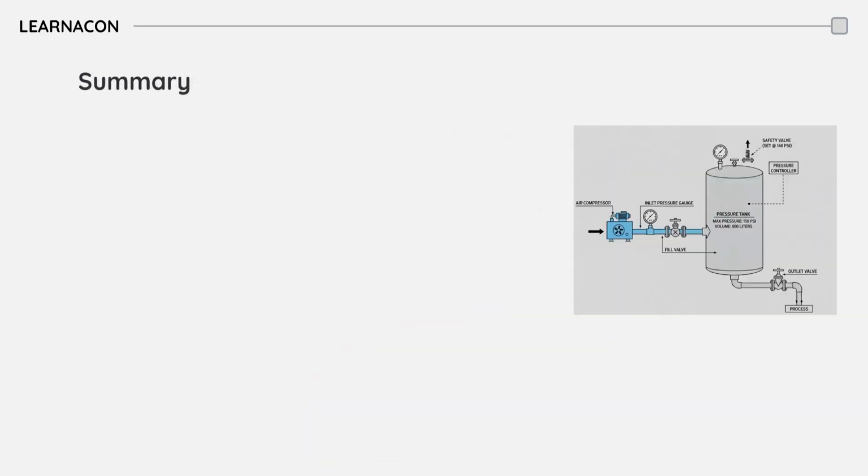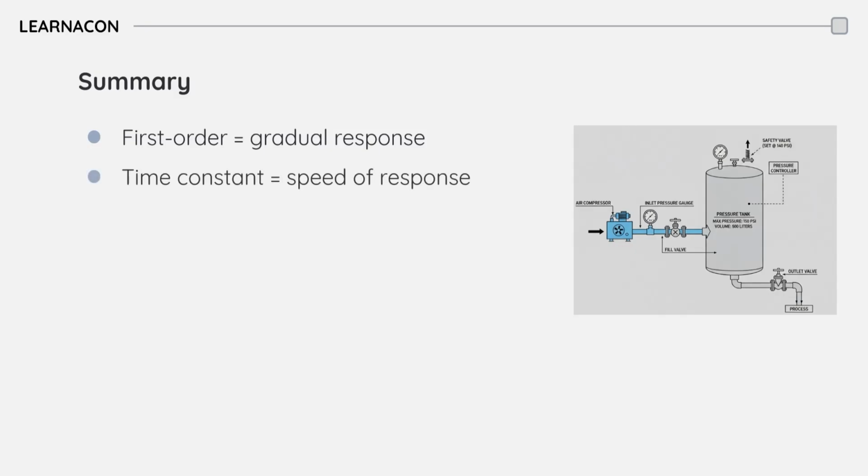To summarize, here are the key takeaways. A first-order system is a process that responds gradually when you make a change. Nothing jumps instantly. Its defining feature is the time constant, which tells you how fast or slow the system reacts. Most industrial processes behave this way: temperature, level, pressure, and even many flow systems.